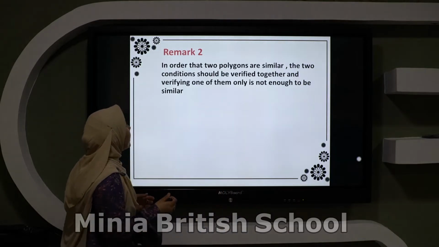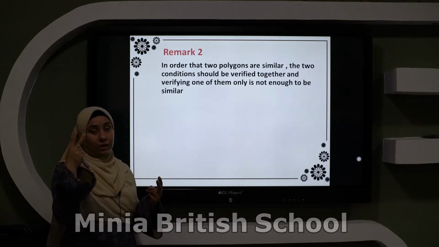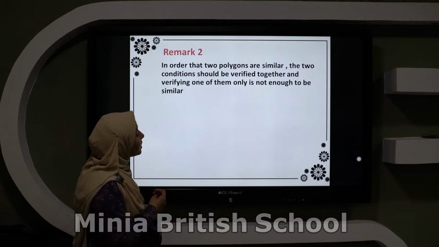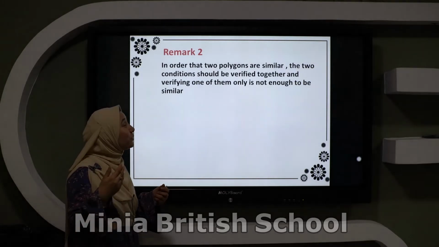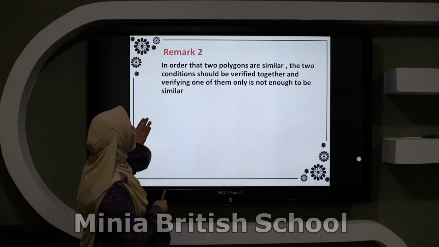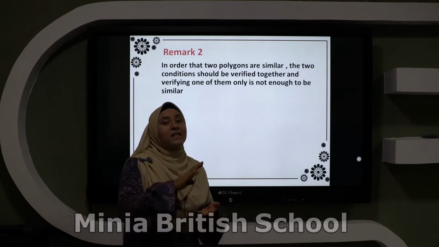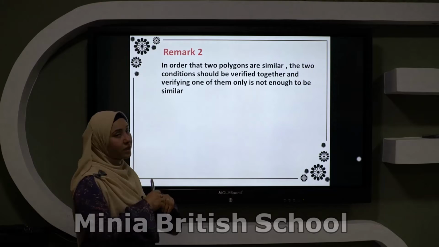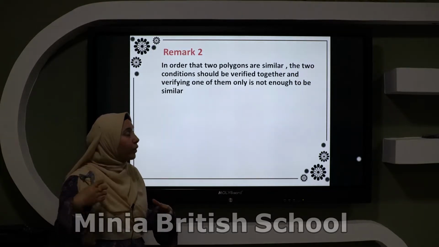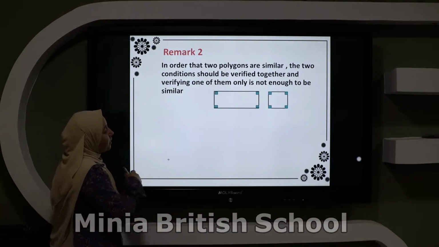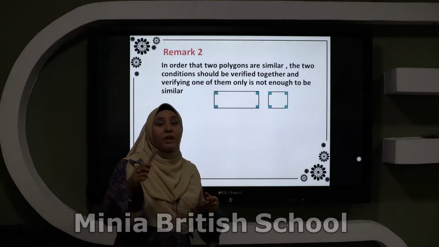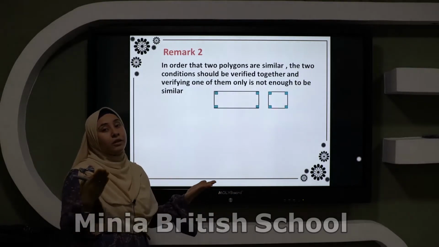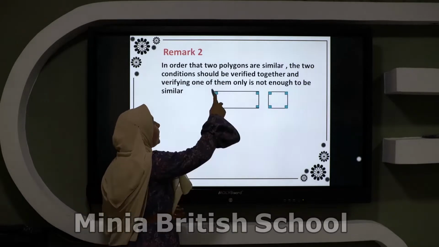Remark number 2. In order for two polygons to be similar, the two conditions should be verified together; verifying only one of them is not enough to be similar, okay? For example here, the rectangle and the square. The corresponding angles are equal in measure, each one equal 90 degrees.